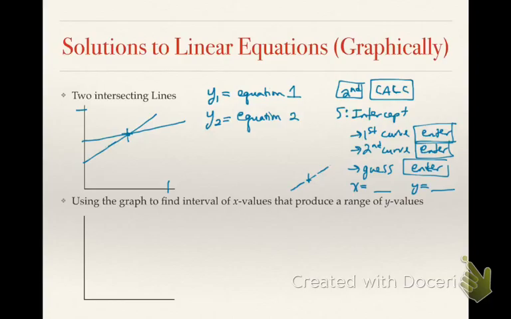Now if you want to find the interval of x values for one equation between certain two y values, or greater than or less than one y value, what you're going to do is in y1 write the equation of the line.